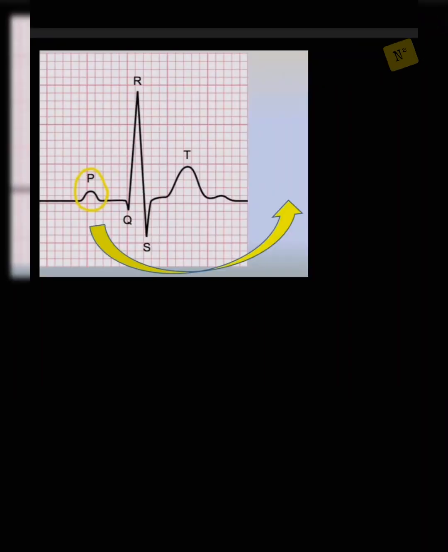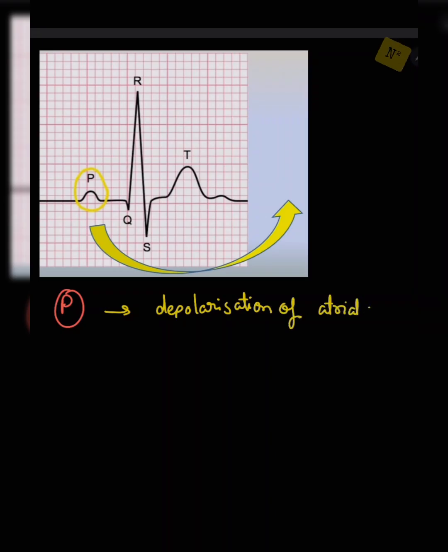This is an enlarged form of regular ECG waves. The first upward curve that we see is called the P wave. Let's learn about the P wave. The P wave is an upward rounded deflection curve. The cause of this P wave is depolarization of atrial muscles.